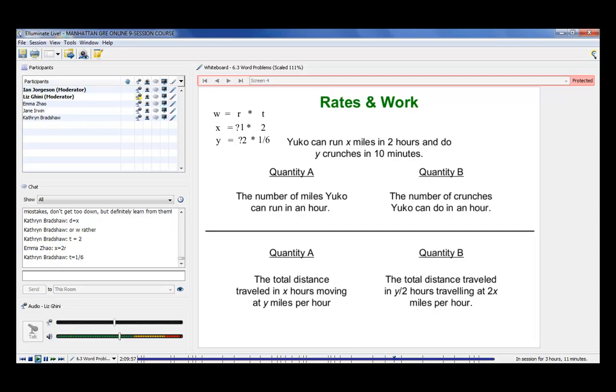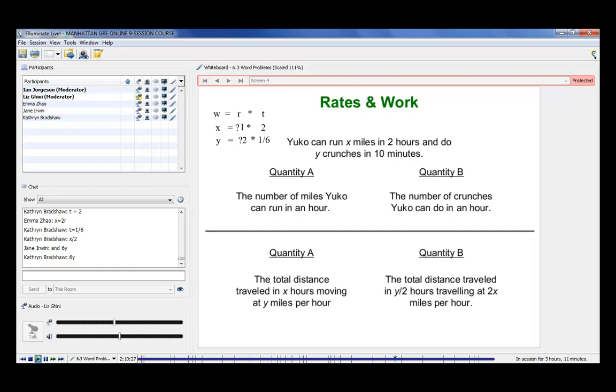So if we are trying to solve the number of miles that Yuko can run in an hour, can we solve for that versus the number of crunches that she can do in an hour? Yeah, we have X over 2, absolutely. Catherine's got it. But what about the number of crunches that she can do in an hour? 6Y. So we're comparing X over 2 to 6Y.